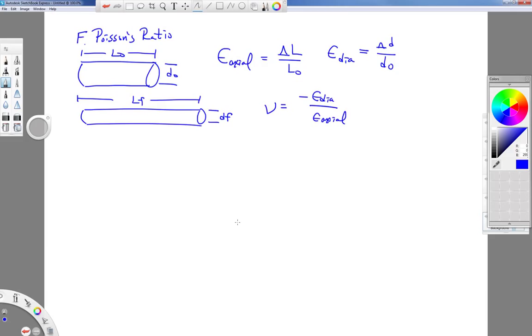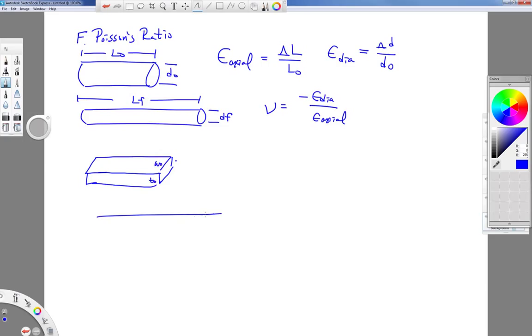If you have a square cross-section bar, the same thing happens. It's a little bit harder for me to draw. Maybe I'll make it rectangular. But we have some initial dimensions. That's a width and a thickness.